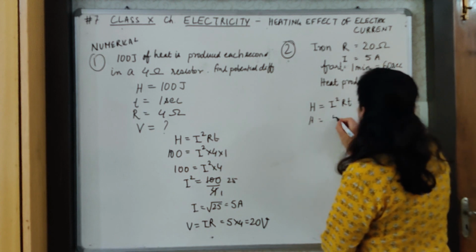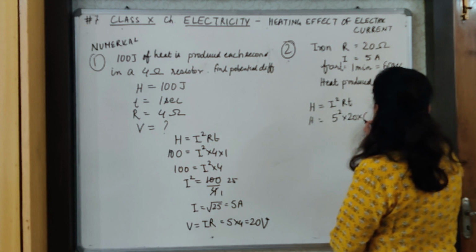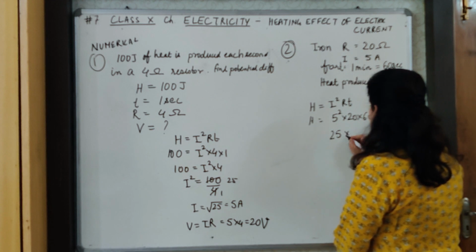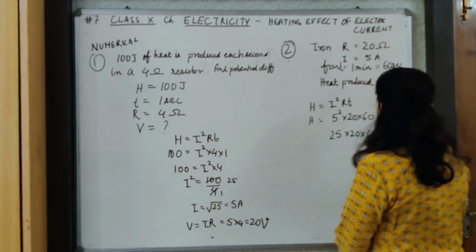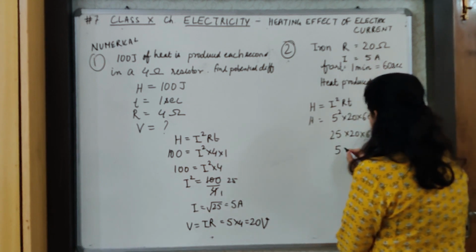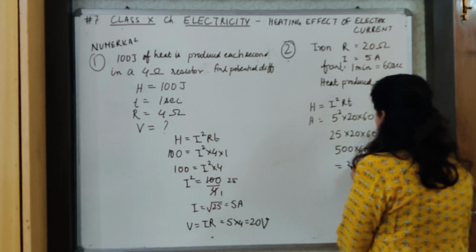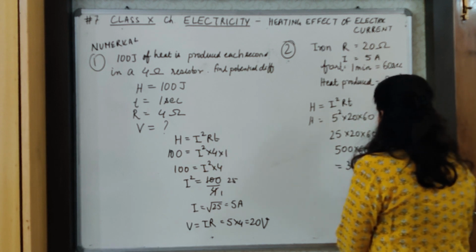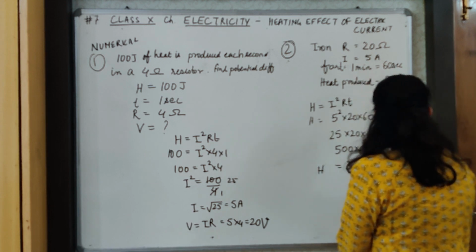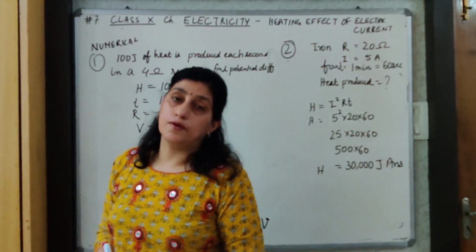H is equal to I is 5 square into R is 20 and time is 60. 5 into 5, 25 into 20 into 60, which gives me 500 into 60, which is equal to 30,000 joule. So this is the heat energy consumed by this particular electrical appliance or produced by this electrical appliance.